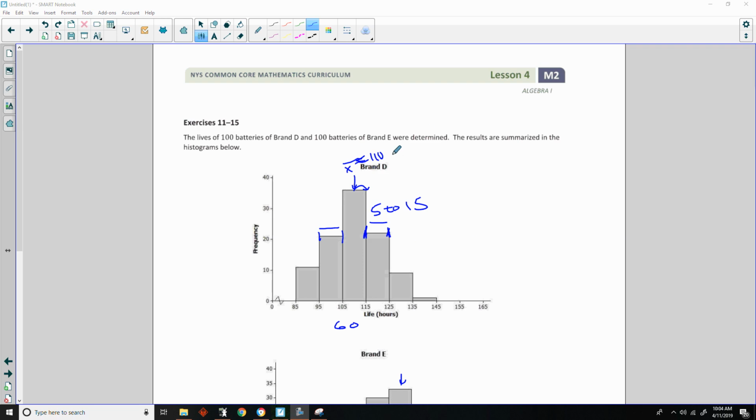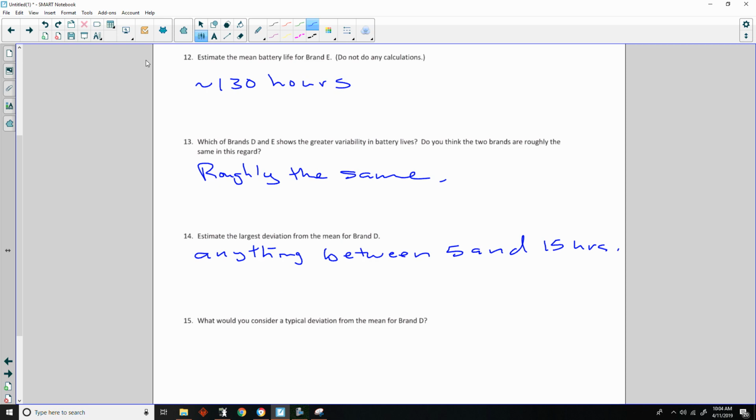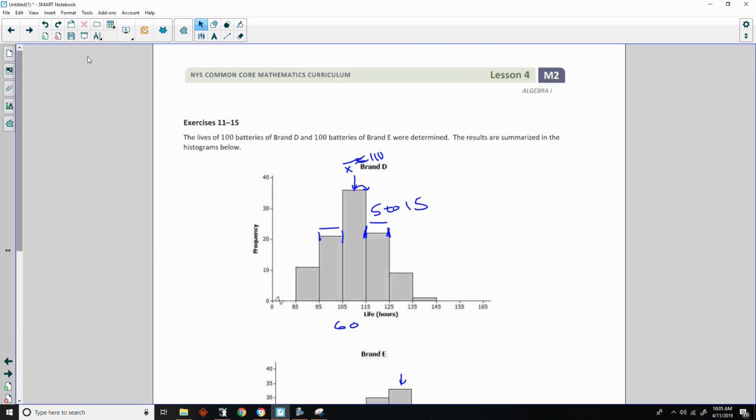Okay, so I just found a typical deviation. I just answered out of order. I didn't read that correctly, or I jumped down. That is a typical deviation, anything between 5 and 15 hours. It says estimate the largest deviation from the mean for brand D. When they talk about the largest deviation, let me do that in green, that means the deviation from the mean, largest, is from here to here.